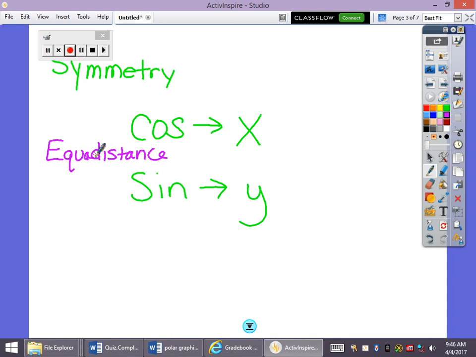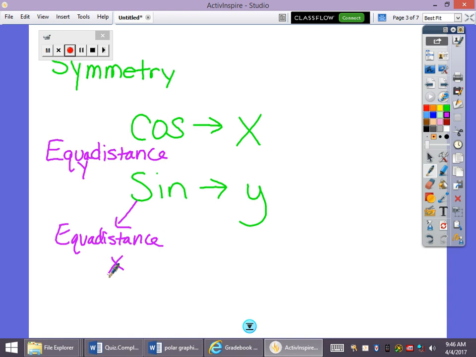So if it is folding over the x-axis, my points are equidistant on which axis? On the y. If it's folding over the y-axis, it's equidistant on the x. Sorry, I probably spelled equidistance wrong.